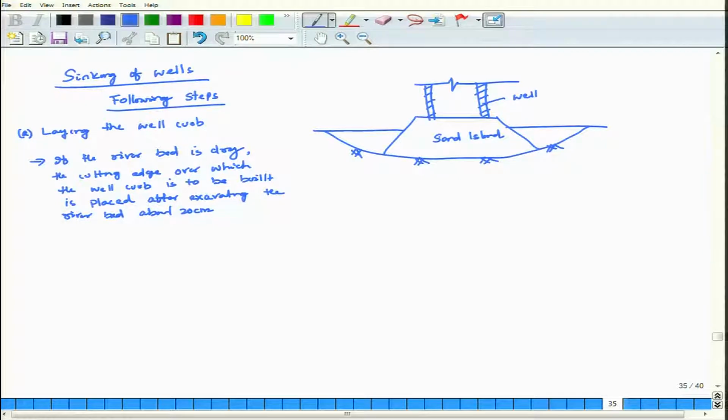First part is if the river bed is very dry, no water is there, then you can excavate and place your cutting edge.